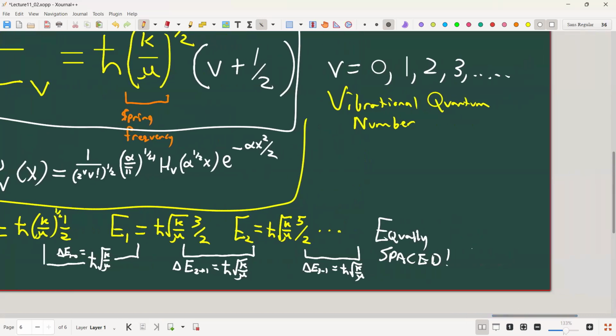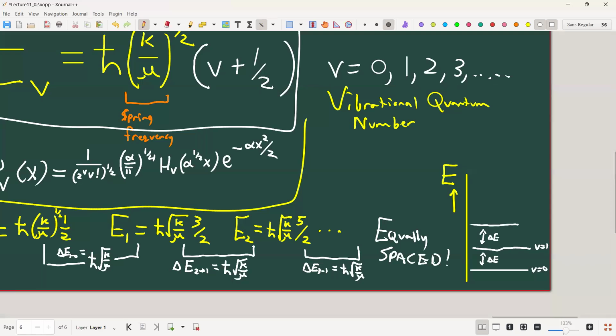And so the idea here, and this is unique to the harmonic oscillator, is that if I were to write energy here and draw a little energy diagram, this is V equals 0, and this is V equals 1. We'll say the distance between them is delta E. Well, the next one's a delta E, and the next one's a delta E, and so on and so forth.